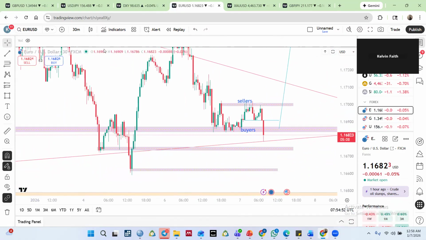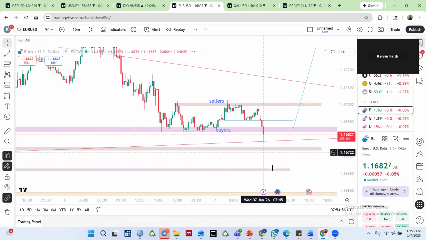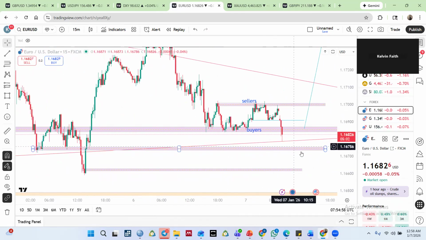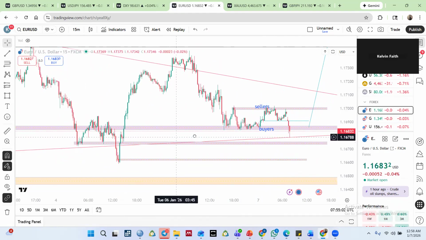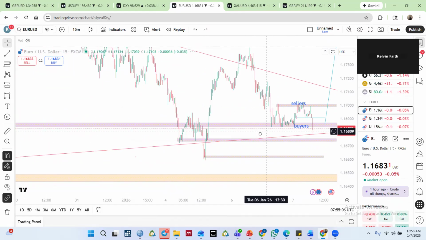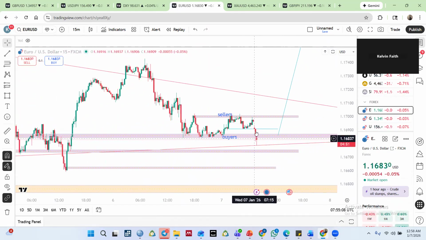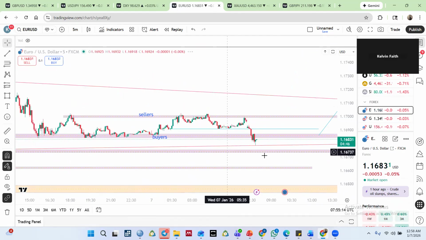So I can see from 15 minutes, let me see from 15 minutes or 5 minutes. Yeah, it seems like there is a rejection from 15 minutes on Euro USD. Let me see 5 minutes.